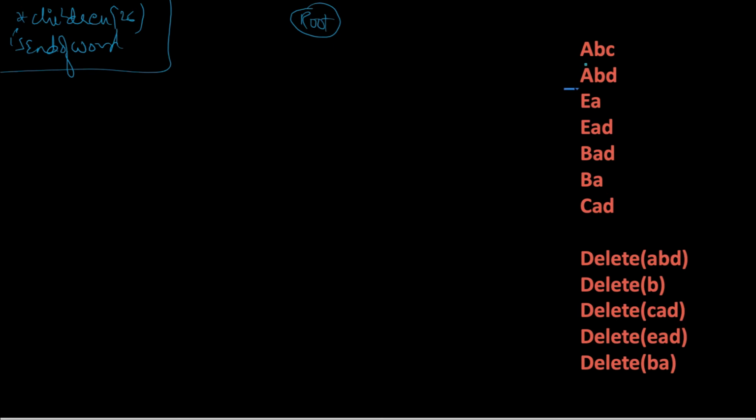The 0th index for this root is not present, right? There is no node present at the 0th index.